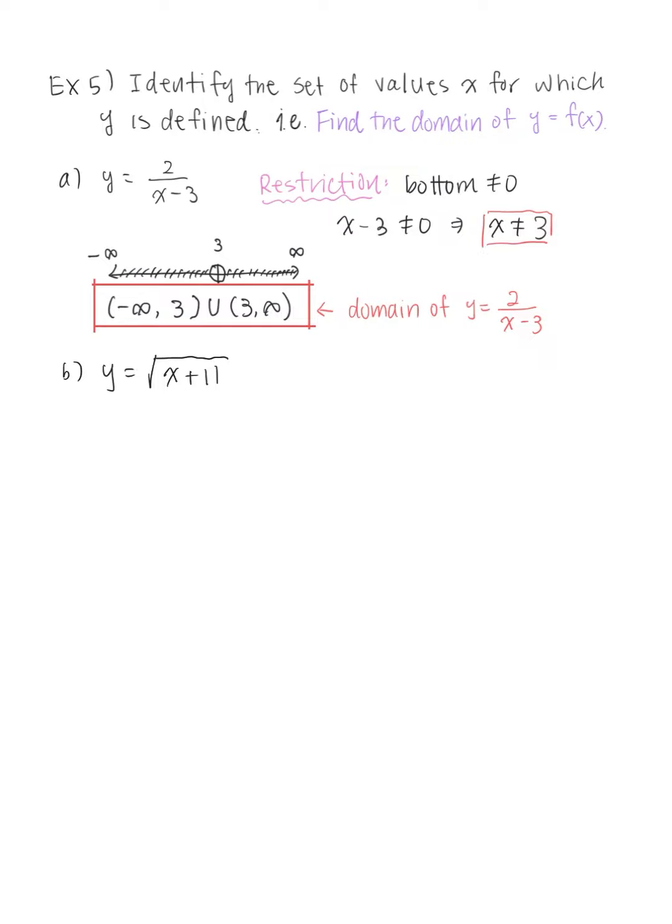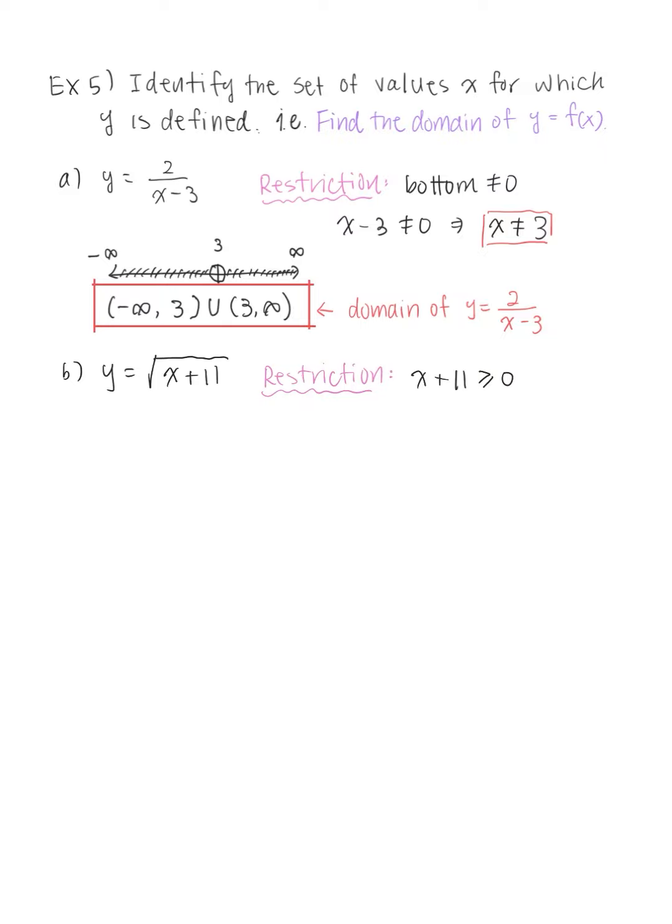So here is the restriction. Let me write it down. Okay, so the restriction is our radicand. Sorry, the radicand is the quantity that sits inside of the radical. So the restriction is that our radicand, x plus 11, must be greater or equal to 0.